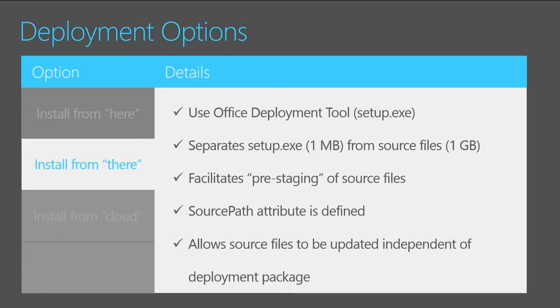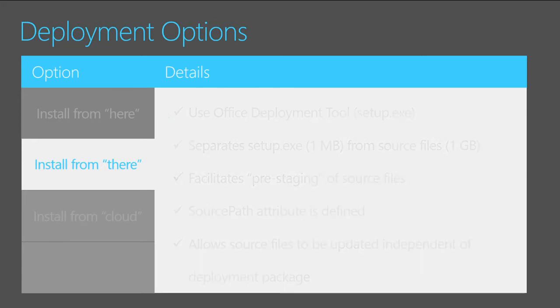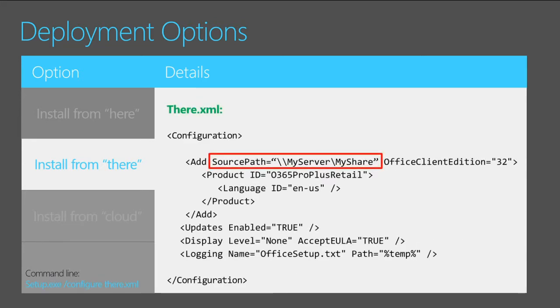The setup.exe, which is your 1 meg, is separated from that 1 gig initially. Let's look at what the configuration looks like. All we're doing is identifying the source path. When you identify the source path in the XML file, it just says, all my source bits are here, go grab it from there. That's the only difference.